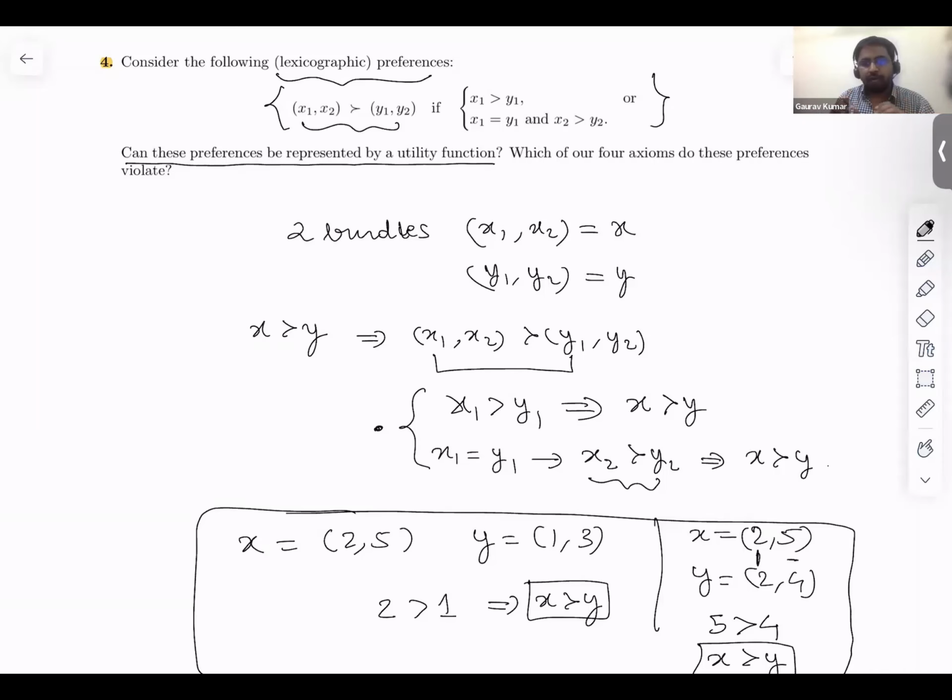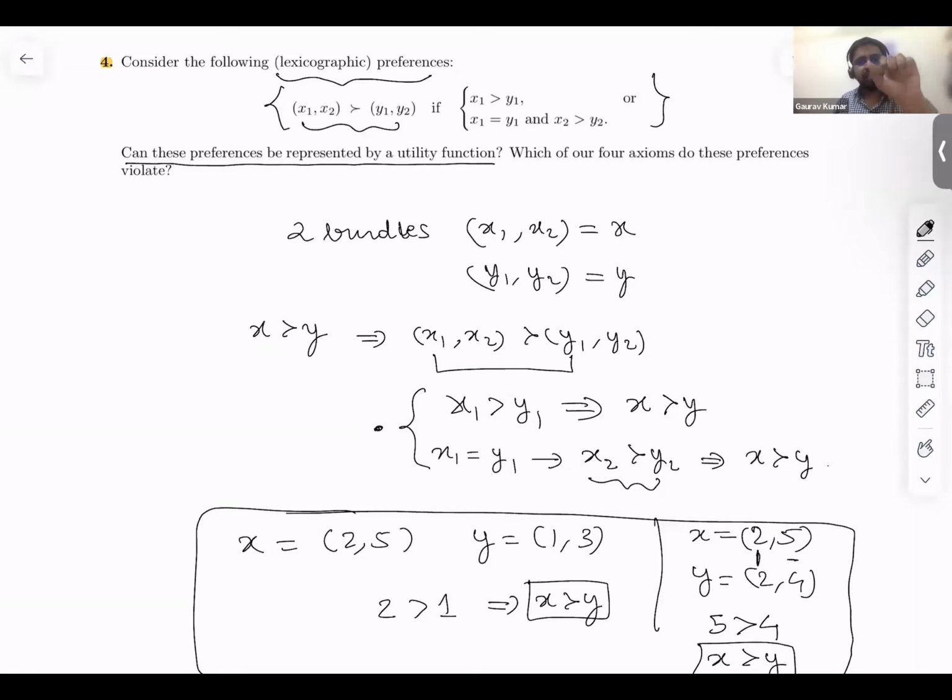You have to form a ranking order. So x1 is the most preferred, x2 is second most preferred, and so on. If you go to xn, that is the least preferred.